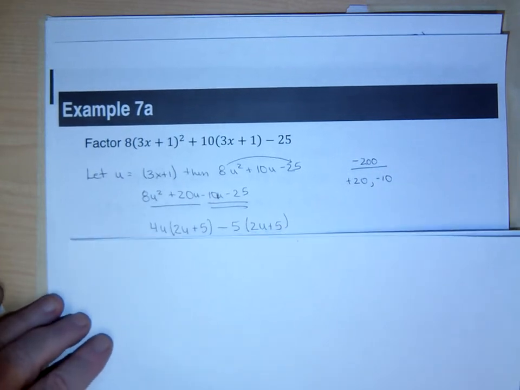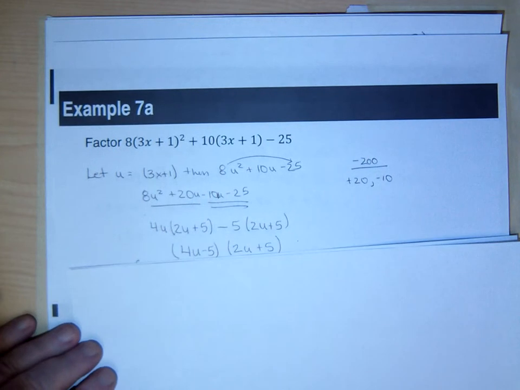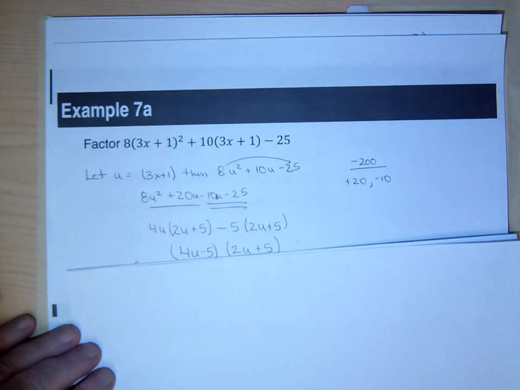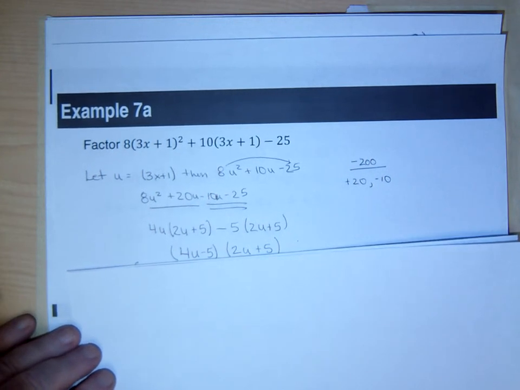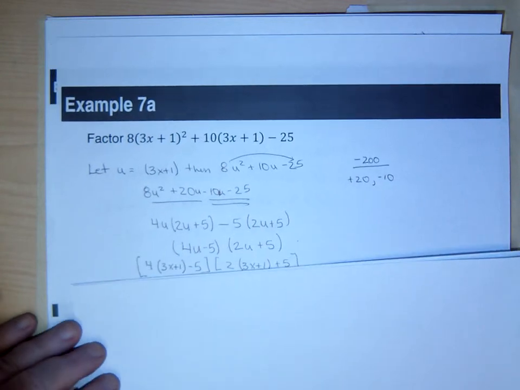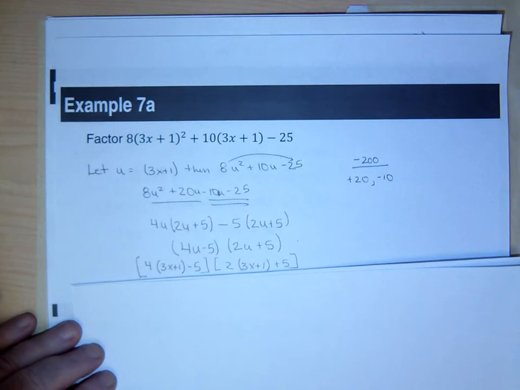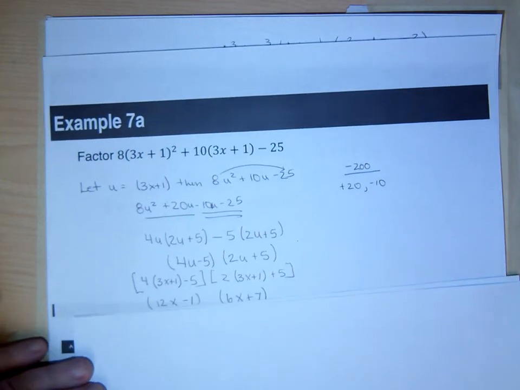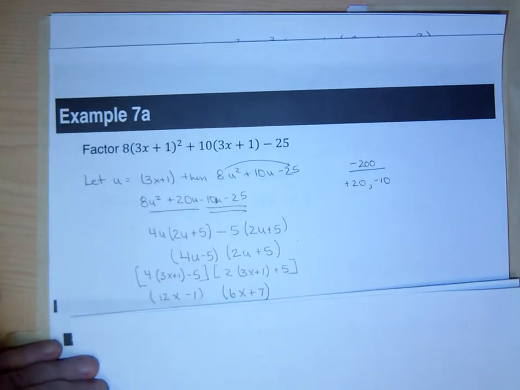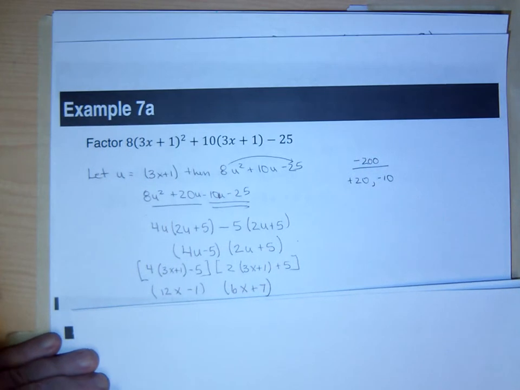I will factor a 5 out of the second pair, and I'll be left with a 2u plus 5 common factor, which I in turn will factor out. Then we will substitute back in u being 3x plus 1. In this case, I am going to do a little bit of simplification, and if I do the algebra, I end up with this expression.